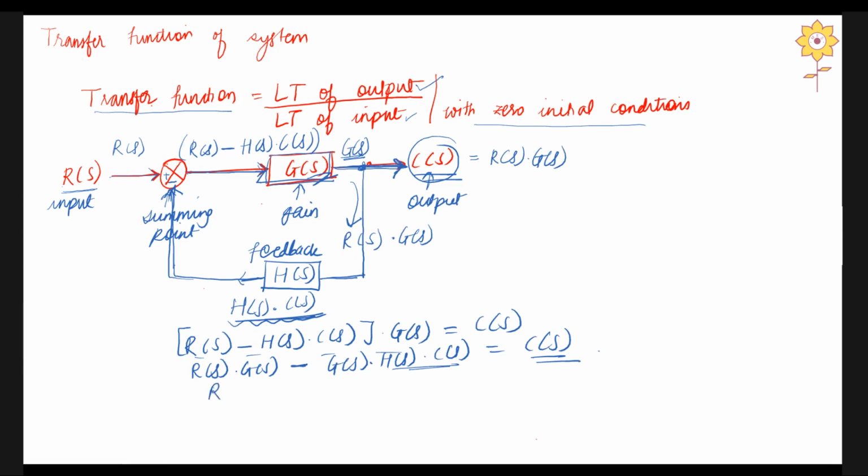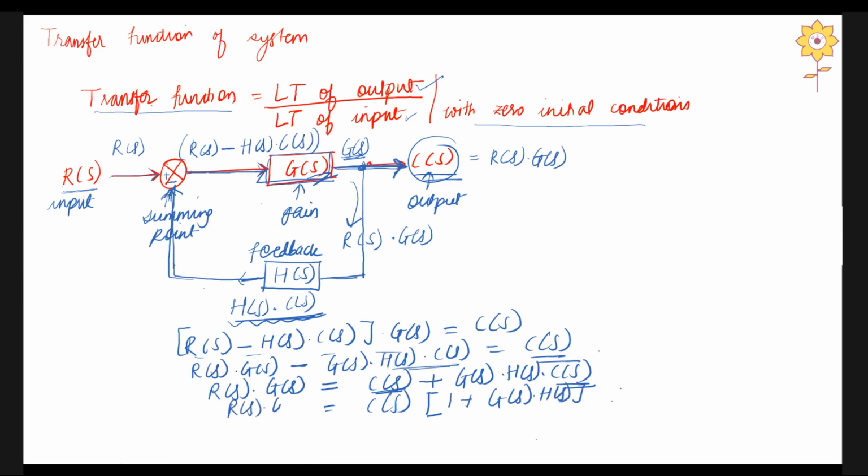So, here we have R(S) into G(S) equal to C(S) plus G(S) into H(S) into C(S). Let us take C(S) common. So, we have C(S), then we have 1 plus G(S) into H(S). Here we have R(S) into G(S).